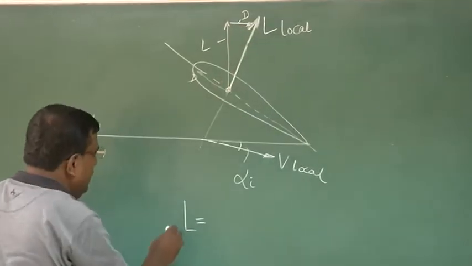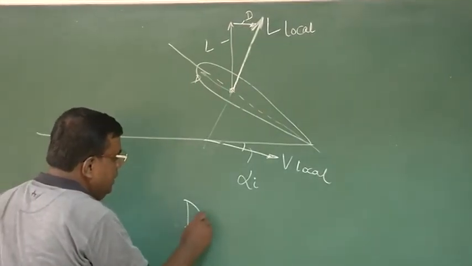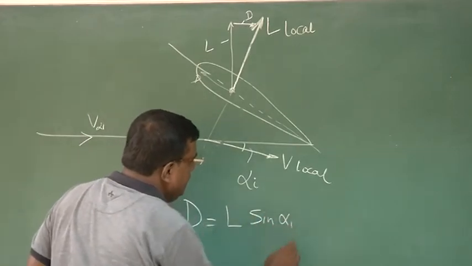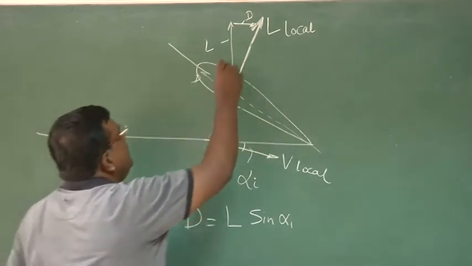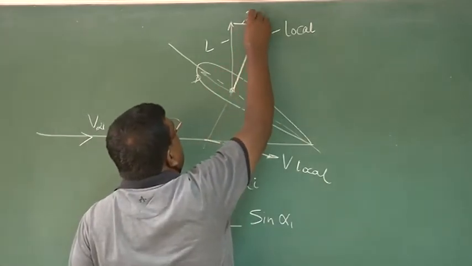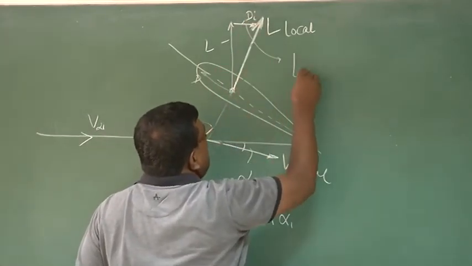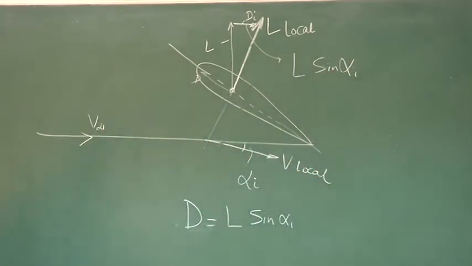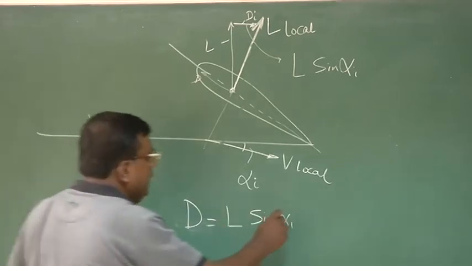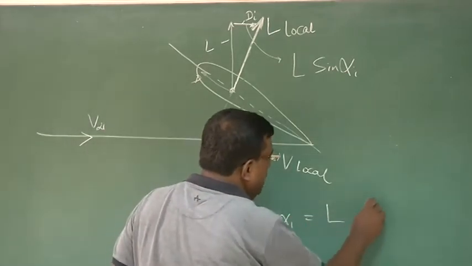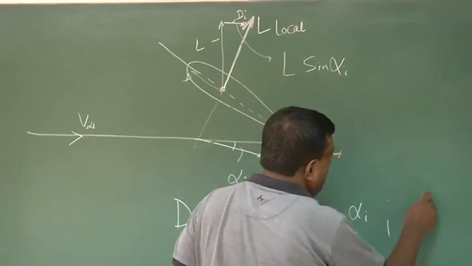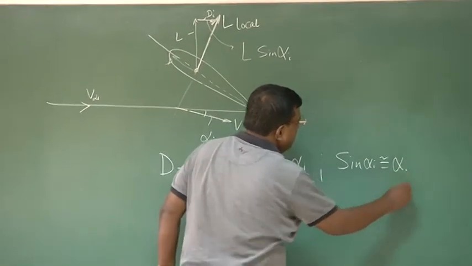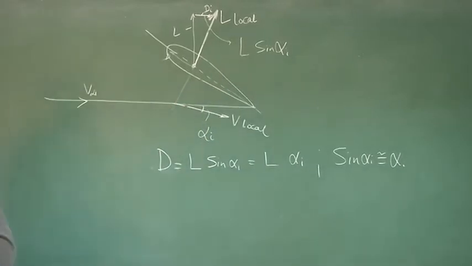If I now try to write the drag, this will be L sine alpha I, this component, right? I write Di, this is nothing but L sine alpha I. And for a small angle, I can write this as L alpha I. That is, for small angle, sine alpha I is approximately equal to alpha I.